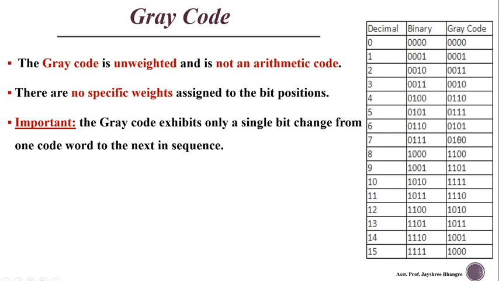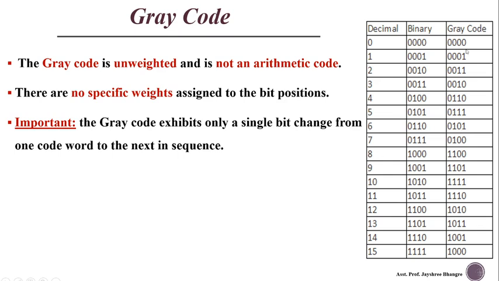Again, take another example here: the number 0100 and its next code word is 1100. So here these 3 bits are written as they are, and the last MSB bit changes from 0 to 1. So you can take any number and its sequential next code, and whenever it is represented, there is a change of only 1 bit.